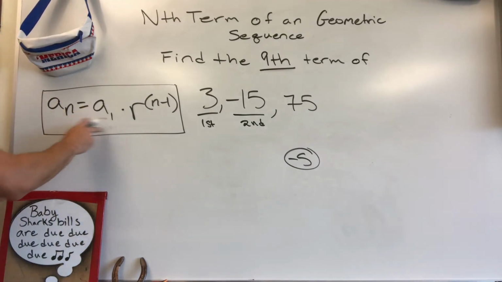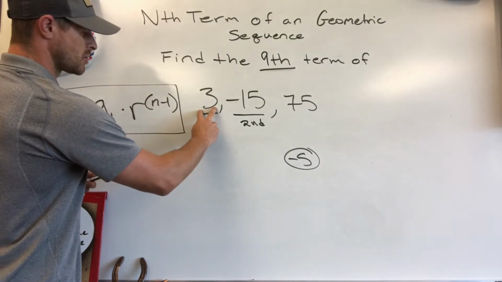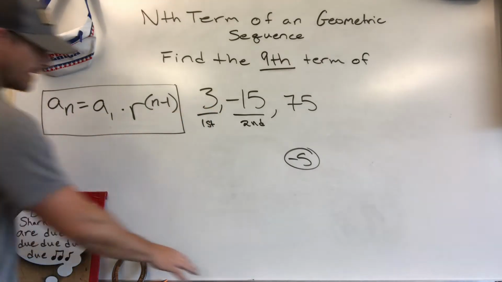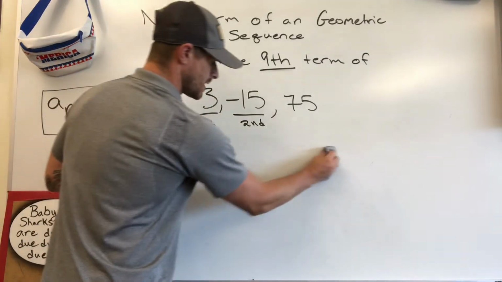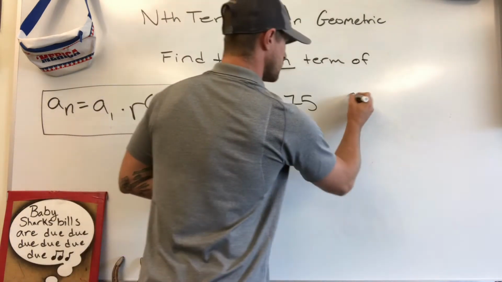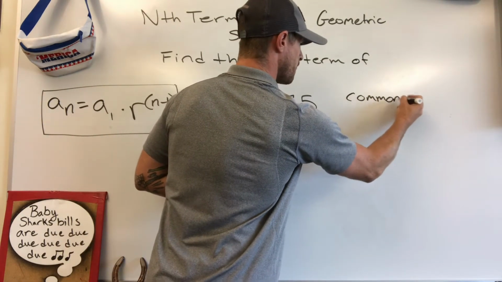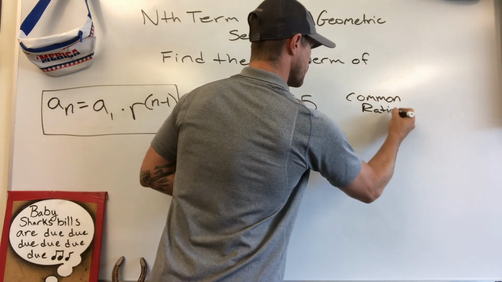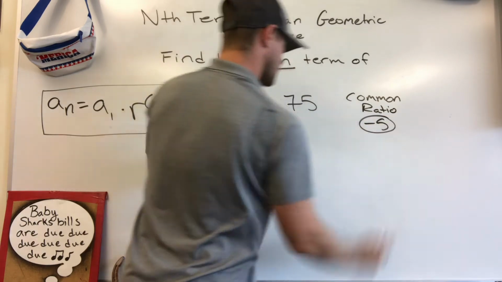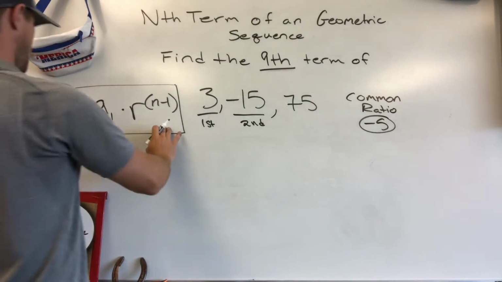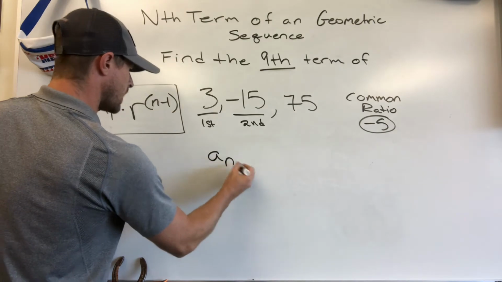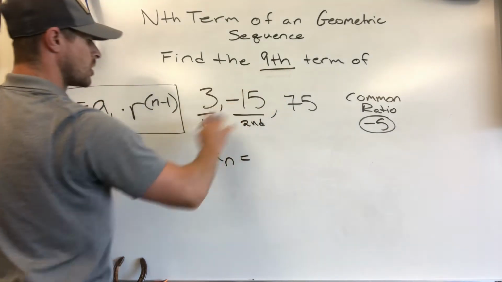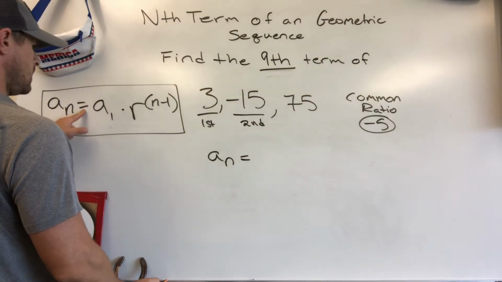But A1, that's our first term in the sequence, 3. So all we need to do right now, I'm going to put negative 5 off to the side right here as our common ratio. Okay, and we're going to write this out. So A_n is what we're trying to find, that's our nth term in this sequence.